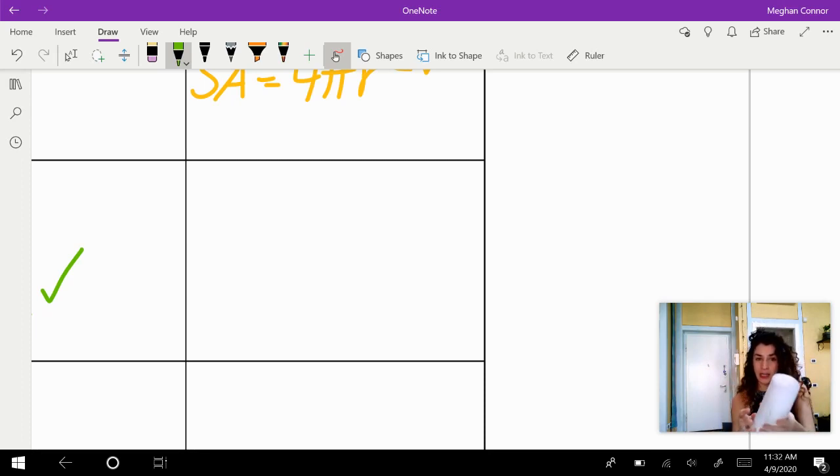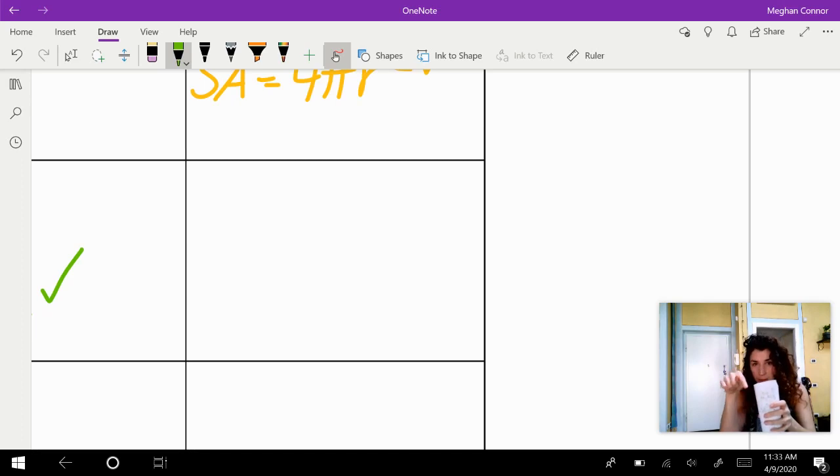The lateral area, if you were to unroll it, is just a rectangle, such that when you roll it up, the top of the rectangle is just the circumference of your circle, and then the height of your rectangle is just the height of your cylinder.